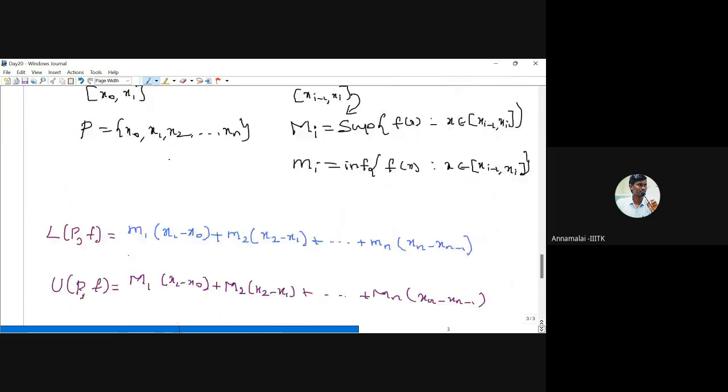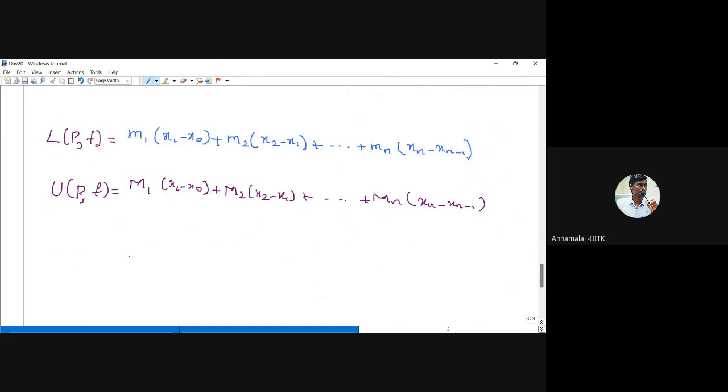Therefore, what is the relation between L of P comma f and U of P comma f? L of P comma f is always less than or equal to U of P comma f, for any partition P.